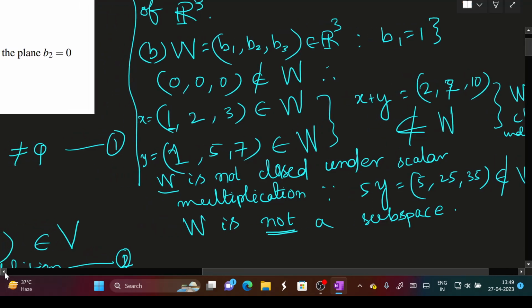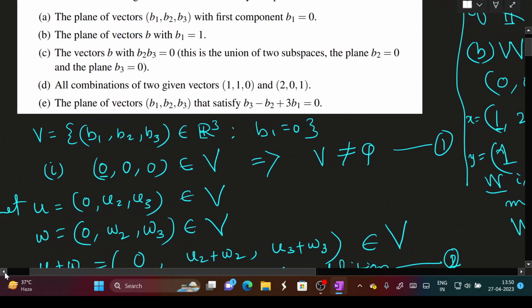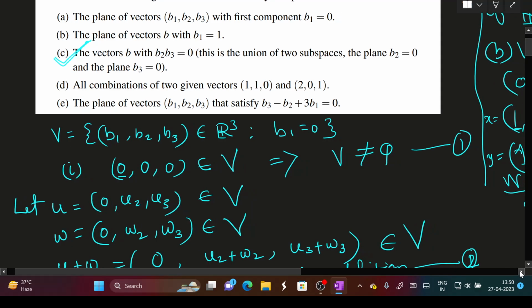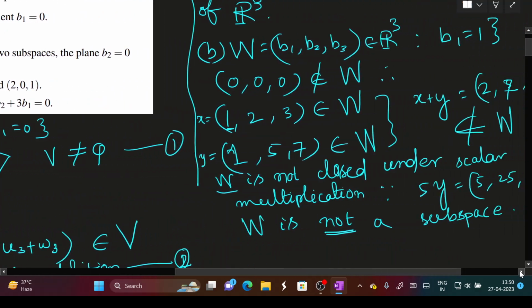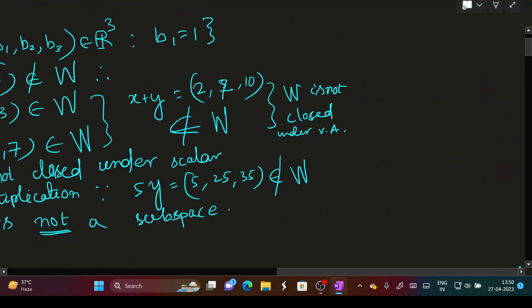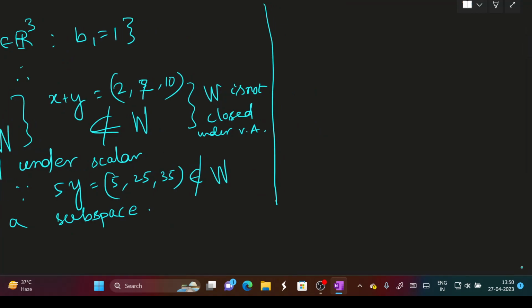To prove it is a vector space, we have to go for the complete proof, for general elements, not for a particular element. So here, b2 times b3 is equal to 0. Let us prove that part. What is given?